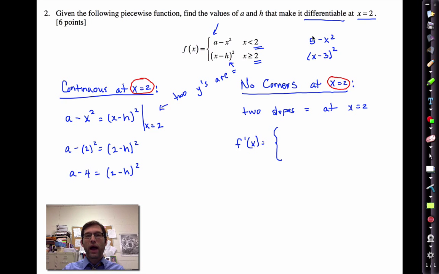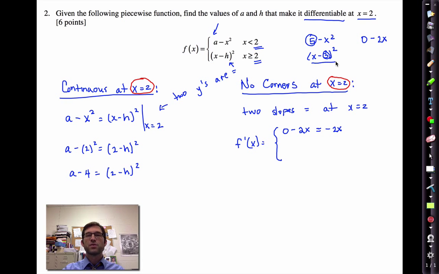So I'd like to keep track of this and this. Now I want you to think about it. If I took the derivative of 5 minus x squared, the derivative of 5 would be 0, and the derivative of x squared would be negative 2x. Likewise, if I take the derivative of a, I'm going to get 0, and the derivative of x squared will be 2x, right? So I'm going to get a derivative of negative 2x.